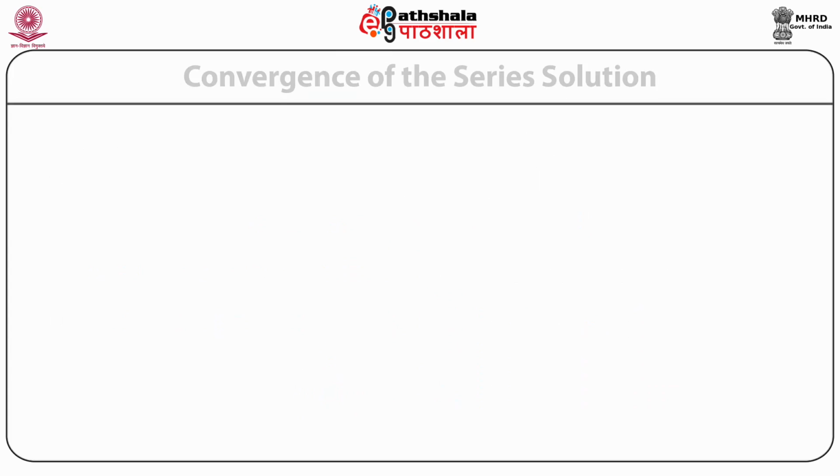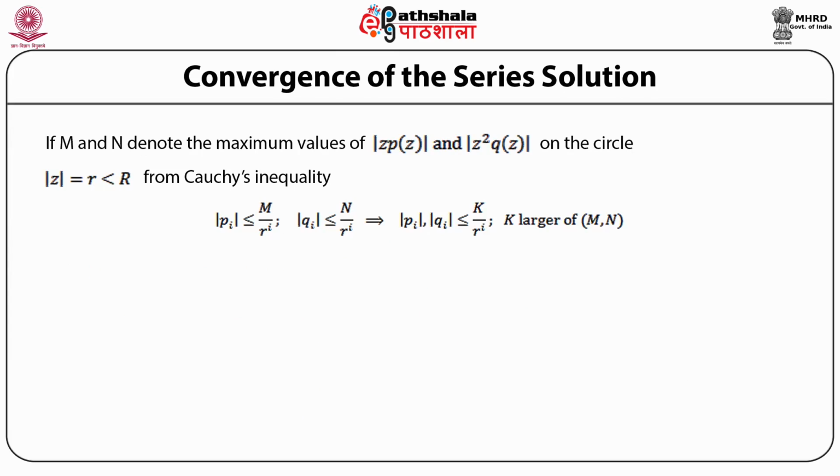close. If capital M and capital N denote the maximum values of modulus of z times p(z) and modulus of z squared times q(z) respectively on the circle given by mod z equal to small r, which is less than capital R, then from Cauchy's inequality, modulus of p_i is less than or equal to capital M divided by small r raised to power i.